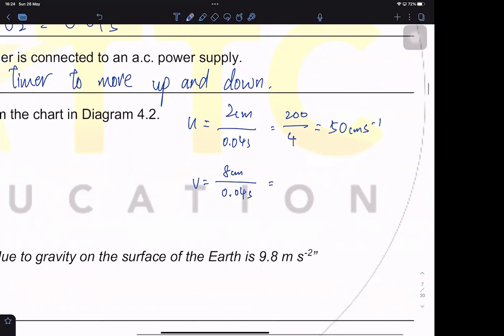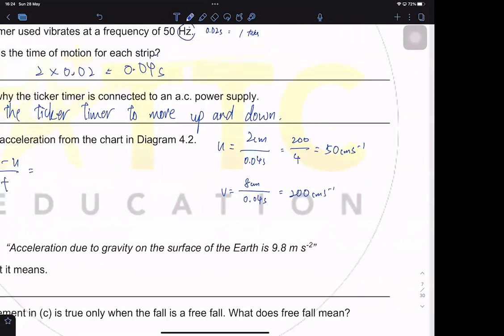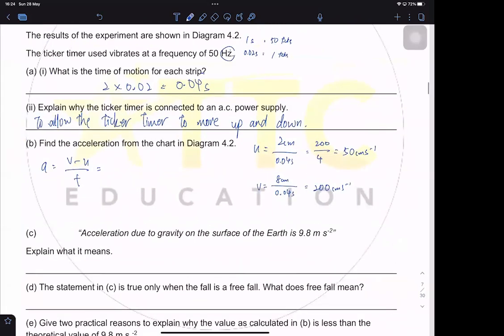So it's 200 cm per second. Now I can put the V and U inside my formula. So V 200 minus the U 50, divided by the time taken.